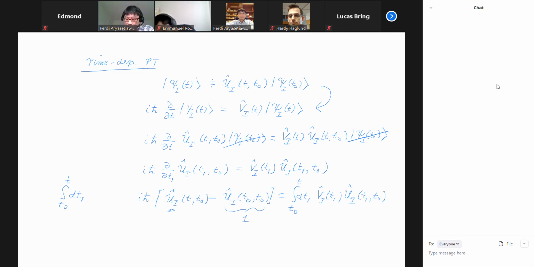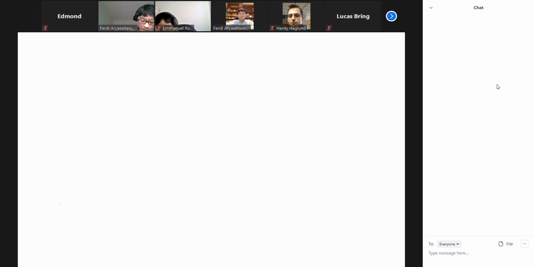So we have U_I(t, t0) equal to one, and now I put the one on the right-hand side, plus the integral from t0 to t of dt1 of the same expression as before.